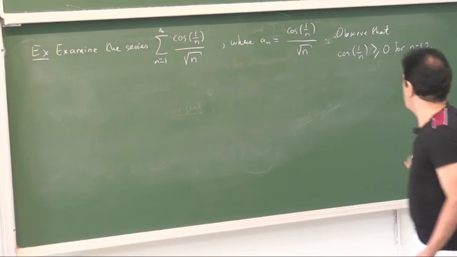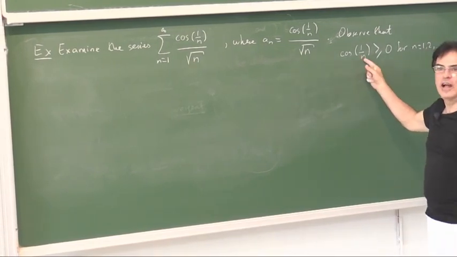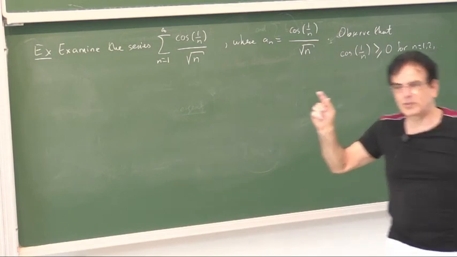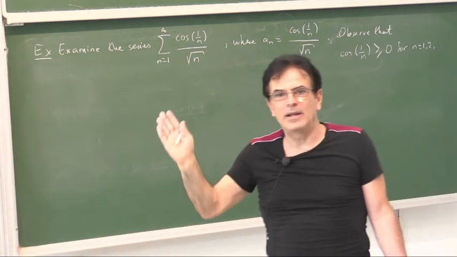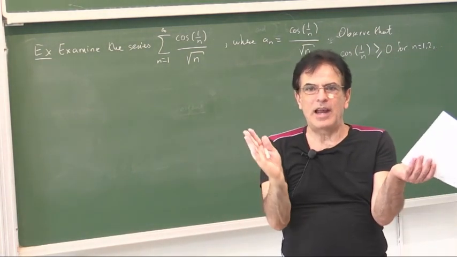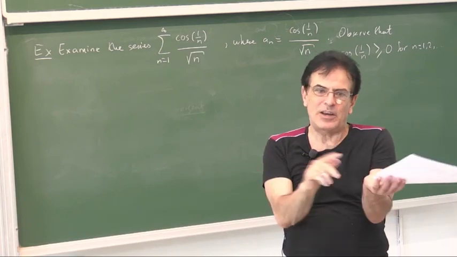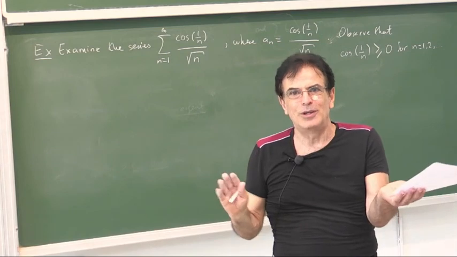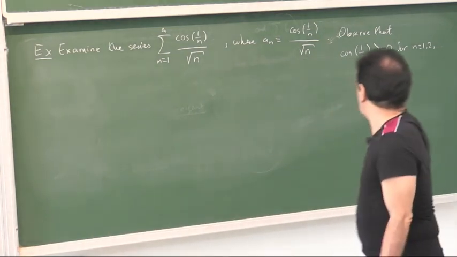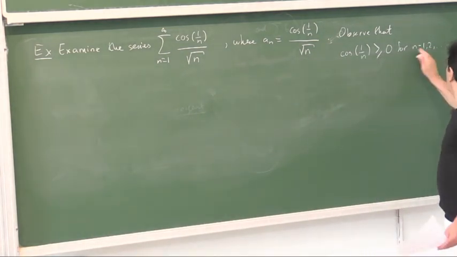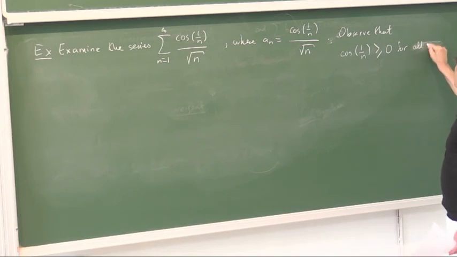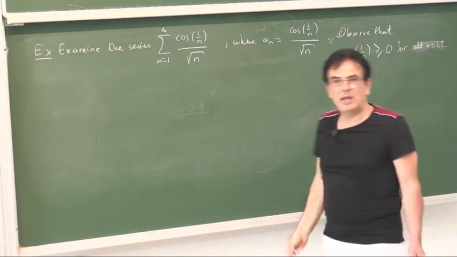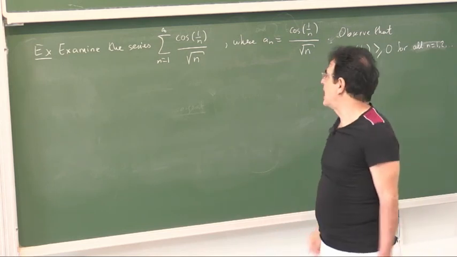When n gets larger and larger, the angle goes to 0, and cosine 0 is 1. So the angle 1 over n is between 0 and an angle smaller than pi over 2. In any case, cosine is positive for all n, so we can apply a comparison test.